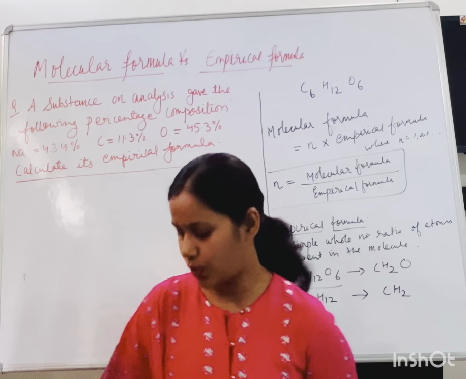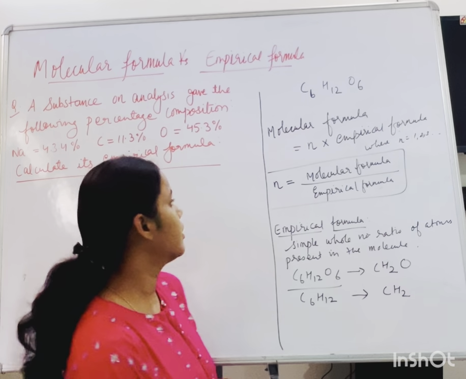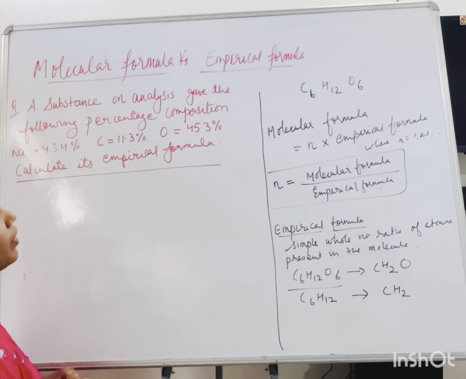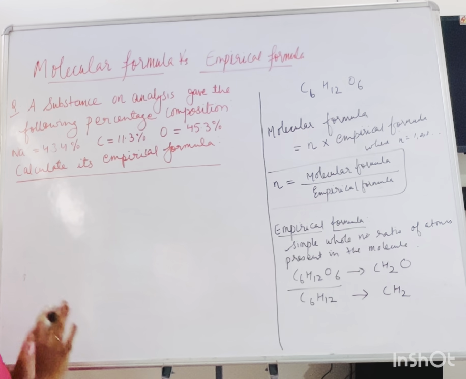Now we will do one question based on the empirical formula: how to calculate the empirical formula. Here we have a question: a substance on analysis gave the following percentage composition. In order to solve this type of question, I am going to simplify it.